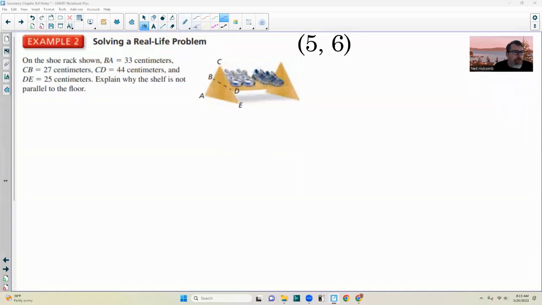Okay, example 2 is solving a real life problem. On the shoe rack shown, BA is 33, so that is right here. I'll label that 33 centimeters. CB is 27, and CB is right here. Let me change colors. Let's change to red.